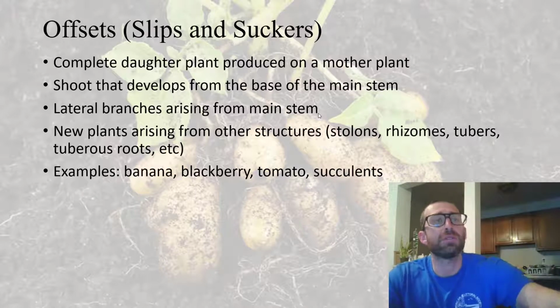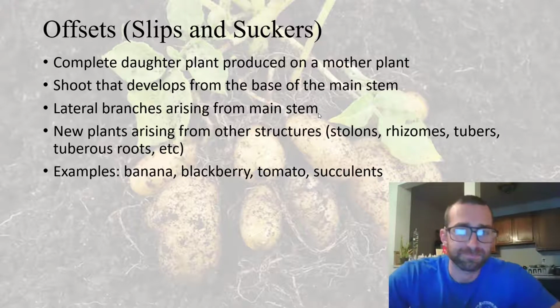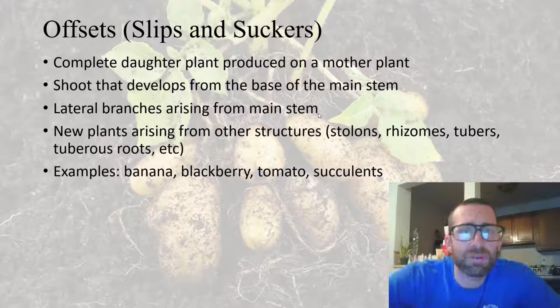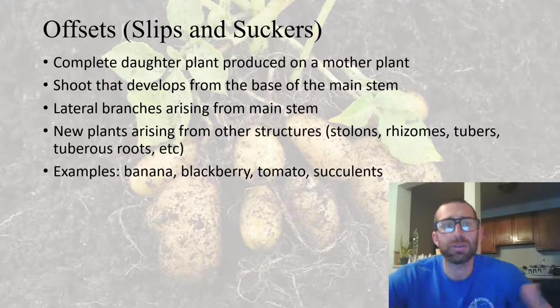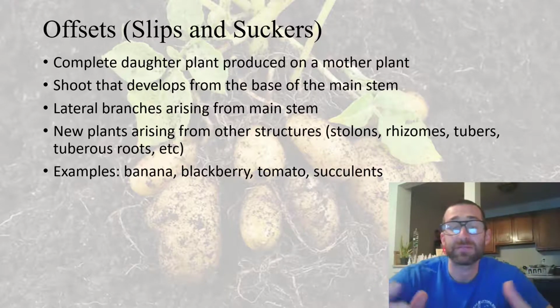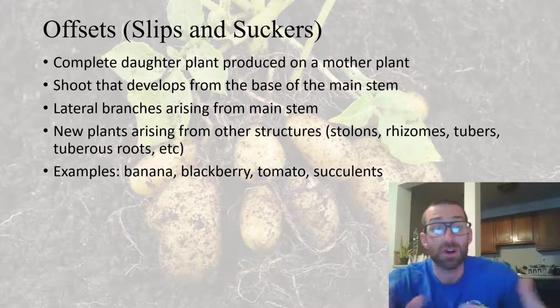We'll see that when we look at some pictures that I have up there, especially with our succulents. I think that's probably the more technical definition, but we tend to refer to any sort of lateral branches that arise from the main stem or from stolons or rhizomes as offsets.